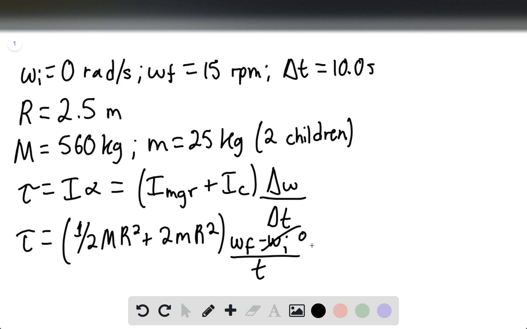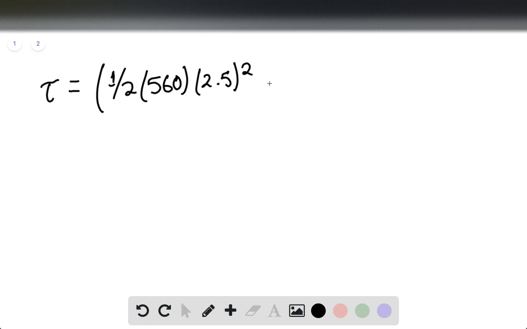So in order to solve for tau, the torque, we can say that this is going to be equal to 1/2 times the 560 kilograms, the mass of the merry-go-round, times the radius of the merry-go-round, 2.5 meters squared, plus 2 children, 25 kilograms, the mass of the children, times 2.5 squared, and then this will be times 15 RPMs.